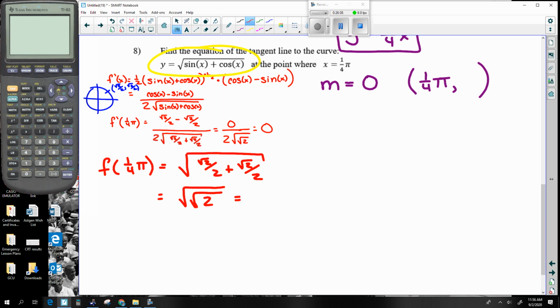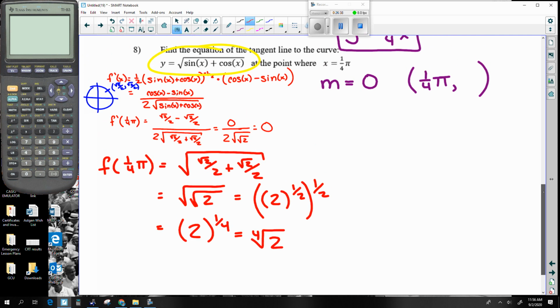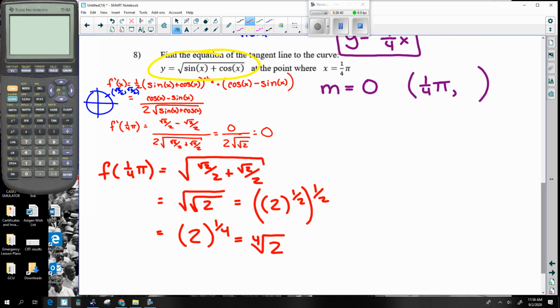It might help if you think about this with parentheses: 2 to the 1/2, and then the square root of that. Here you have a power to a power, so you multiply the powers, which might help you understand what is going on here. That would be 2 to the 1/4, or the 4th root of 2. The square root of a square root is a 4th root. So that gave me my y coordinate, the 4th root of 2.